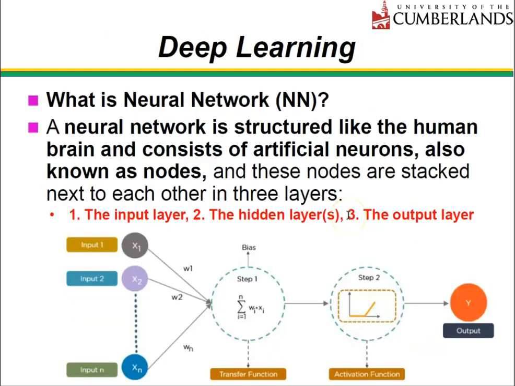So now let's talk about the foundation of deep learning, the neural network. A neural network is structured like the human brain and consists of artificial neurons, also known as nodes. And these nodes are stacked next to each other in three types of layers. So we have the input layer.